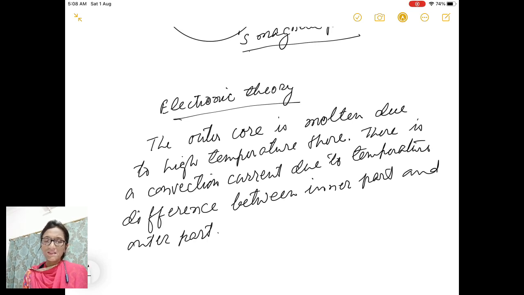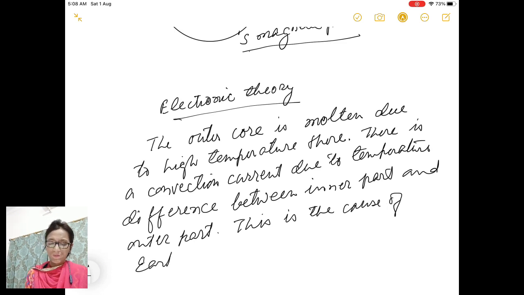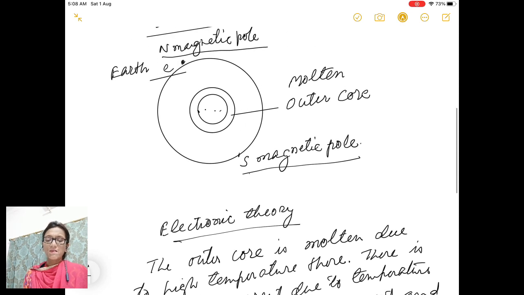So a convection current is set up, and this is the cause of Earth's magnetism. Now this Earth's magnetism is not uniform.